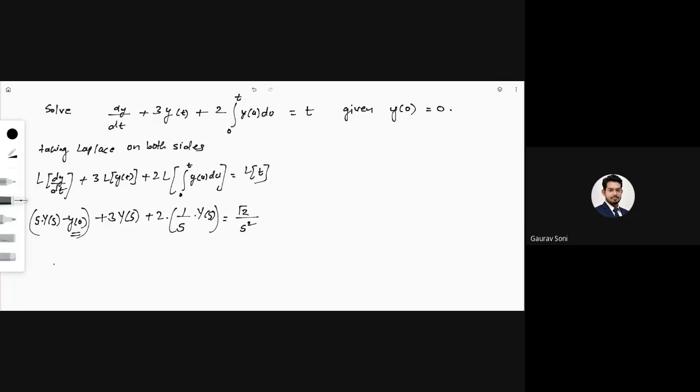Collect the coefficients of capital Y of s: s plus 3 plus 2 by s, times capital Y of s.